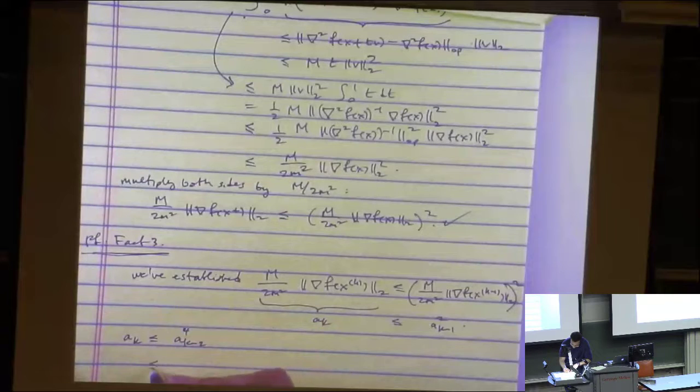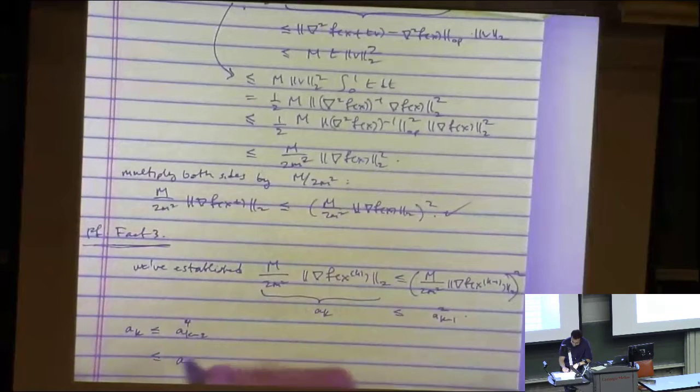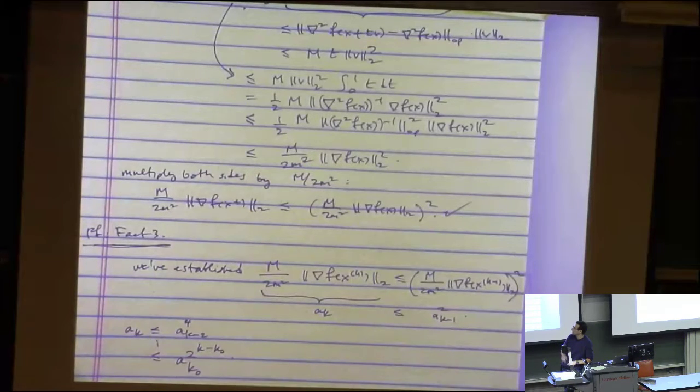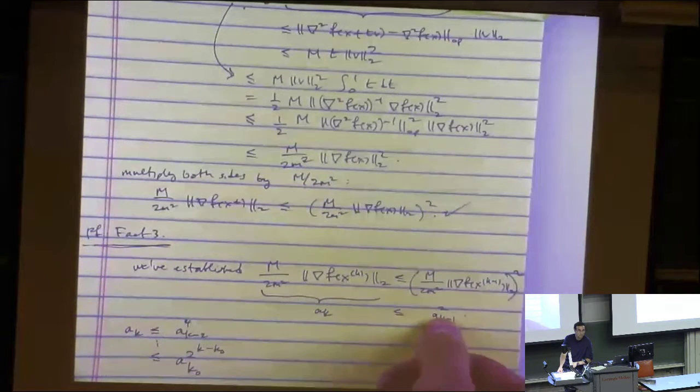This is less than or equal to a at iteration k0, once we iterate this inequality, to the power of 2 to the k minus k0. That's because each time we apply this inequality, the power of 2 is multiplied by another power of 2.